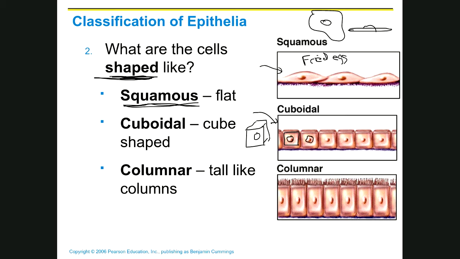These are cube shaped, so they're called cuboidal. And then we have these, which are tall and skinny. Tall and skinny is kind of like a column, so they're called columnar. They tend to have oval nuclei, not round, but oval. And the nucleus is closer to the bottom.